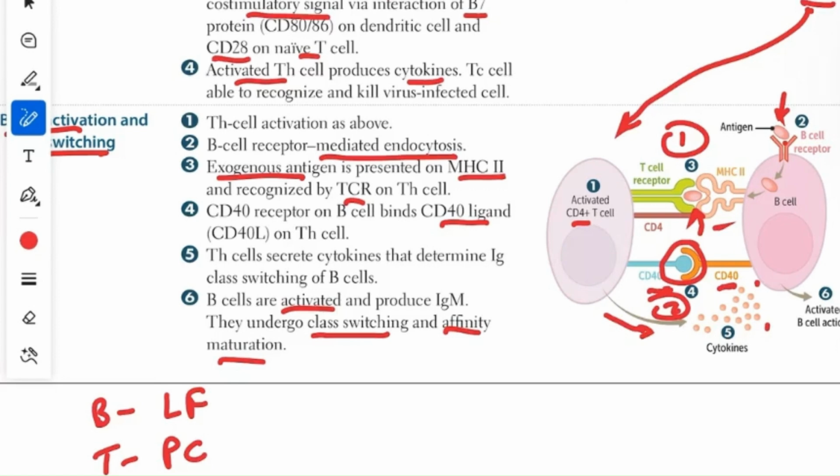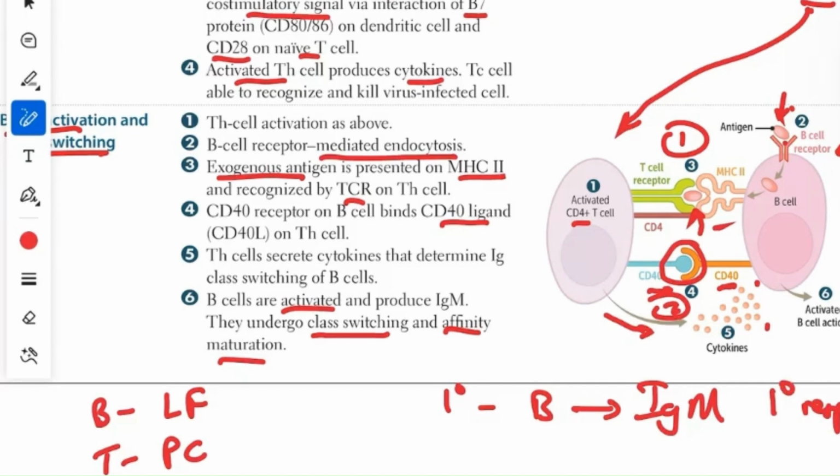We say class switching when the B cell initially encounters an antigen, as you see here. On the first interaction, the B cells will produce IgM, which is the primary immune response.